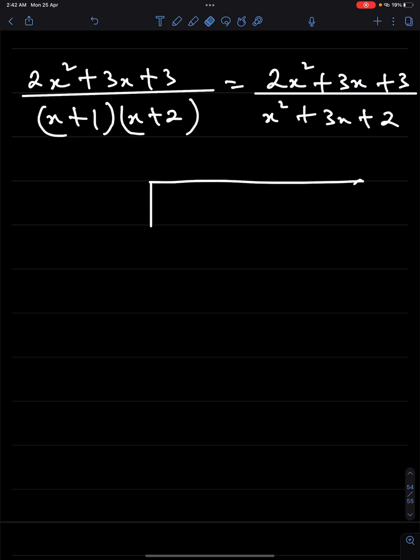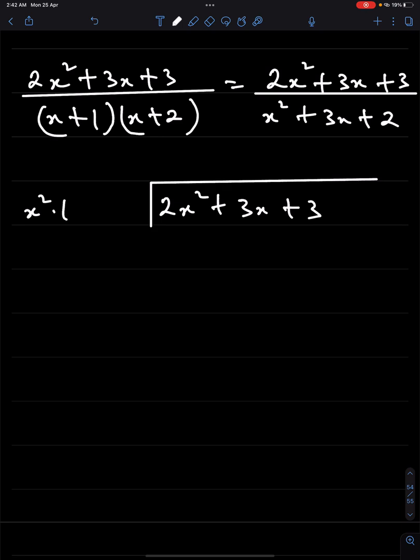I'm using the method for dividing polynomials. So 2x squared plus 3x plus 3 is the dividend. That's the numerator, or dividend simply, while the divisor is x squared plus 3x plus 2, simply the denominator.